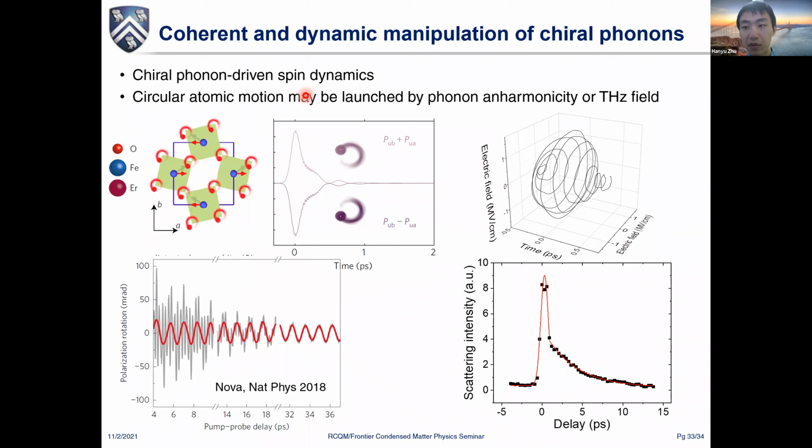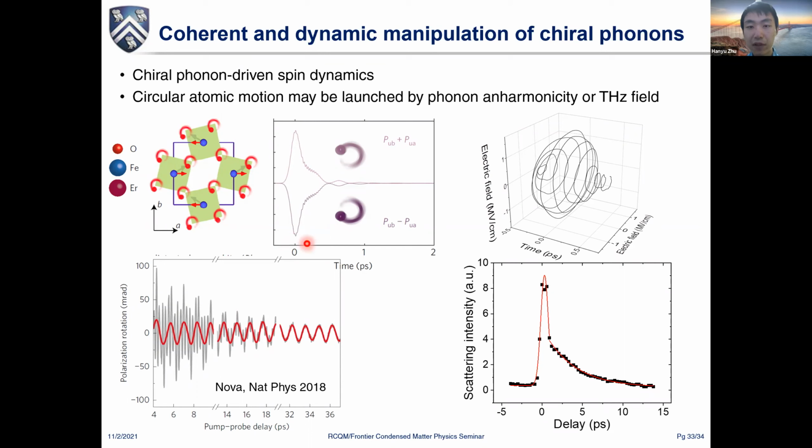So there are a few ways to control chiral phonons coherently. One is by phonon anharmonicity. That basically means that if we squeeze a lattice into an anharmonic regime, it is then possible to create phonon modes that break time-reversal symmetry. This has been experimentally demonstrated, where an effective circularly polarized atomic rotation is generated by a very strong optical excitation within a limited time.